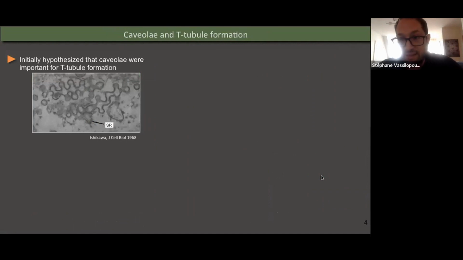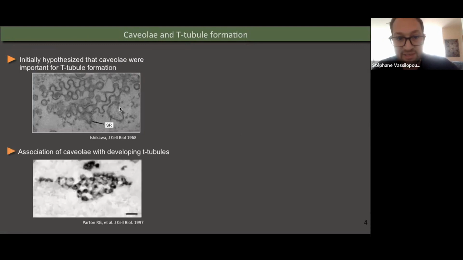What is interesting is that the initial experiments, aiming to understand in cultured cells how these T-tubules are formed, hypothesized that the T-tubules resembled the ultrastructure of caveolae. They seemed to emanate from the surface of the cell, from the sarcolemma, in regions that were enriched in caveolae and which were forming honeycomb-like structures, like the one you see here.